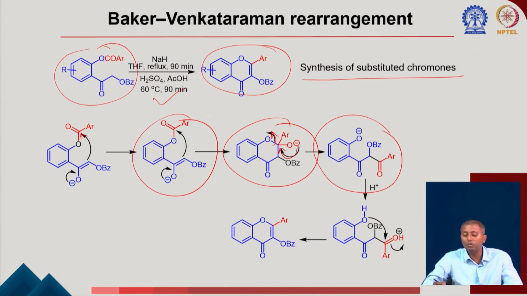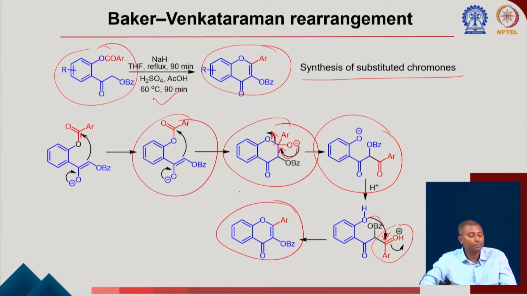But now once you have more acid in this medium, stronger acid, this can protonate this corresponding carbonyl group here. Now this oxygen can attack through this lone pair, and then after elimination of the water, it can form chromones.